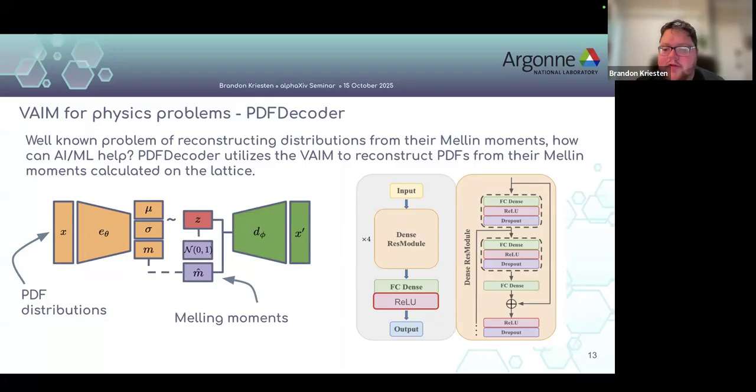We use this rather fancy architecture, which is just a ResNet architecture, which involves jump connections across various different layers. This allows us to preserve gradients if we're using very, very complicated architectures, for instance. Now in the input, we have the parton distribution function in x in my VAIM, and this pathway of information is going to contain the Mellin moments for this case.